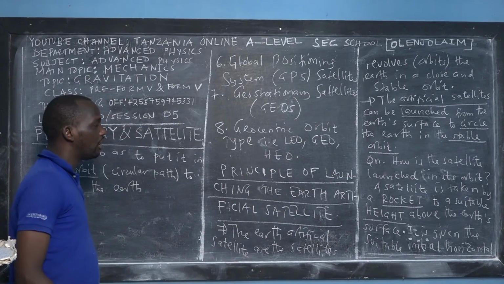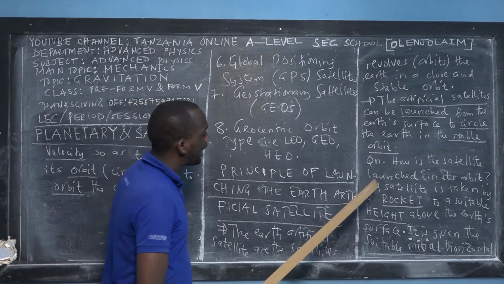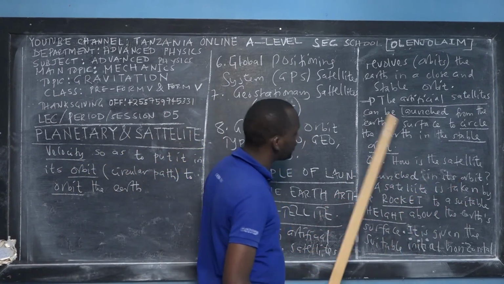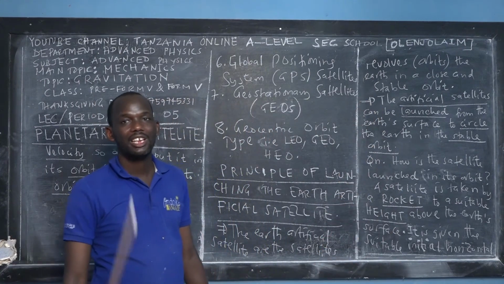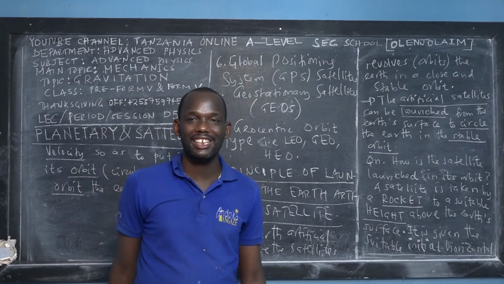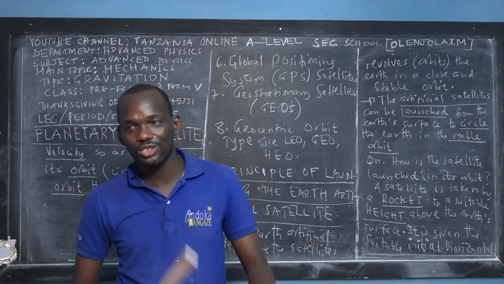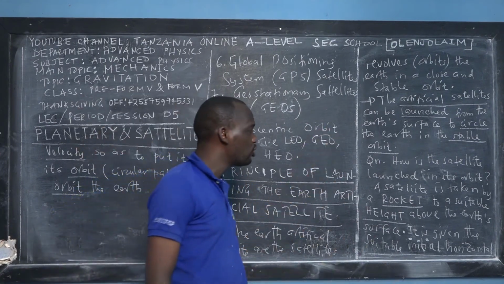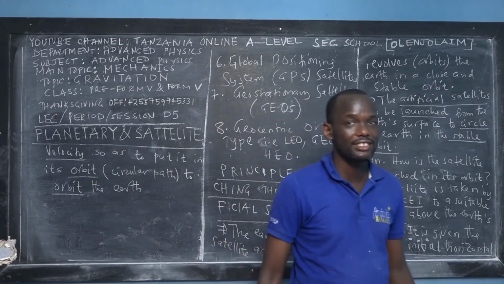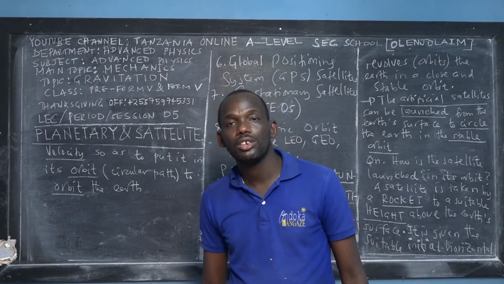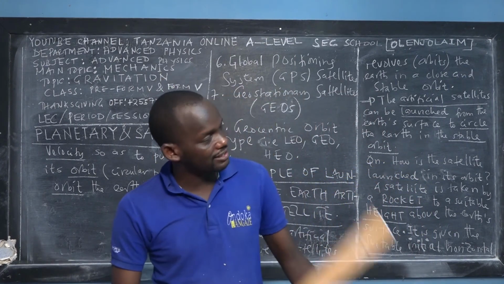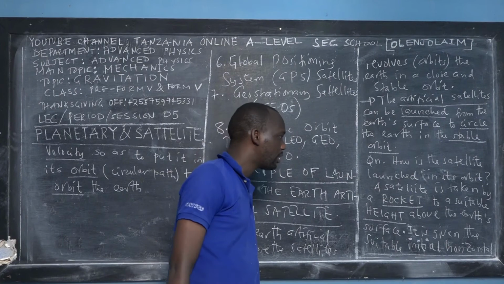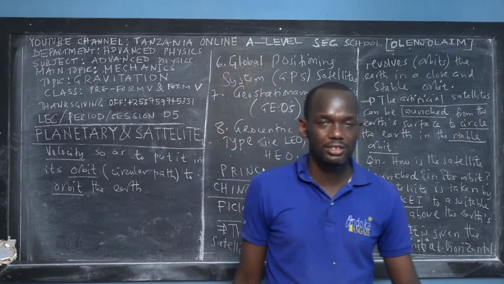The question now is, how is a satellite launched in its orbit? How do astronomers launch the communication satellites in their orbit? How do astronomers launch the navigation satellites into their particular orbit? How does NASA launch a particular satellite to orbit the Earth?